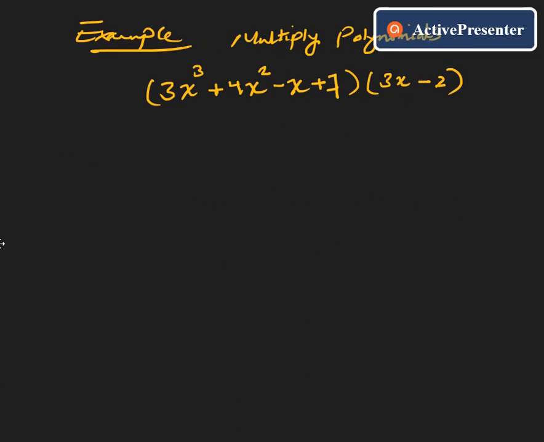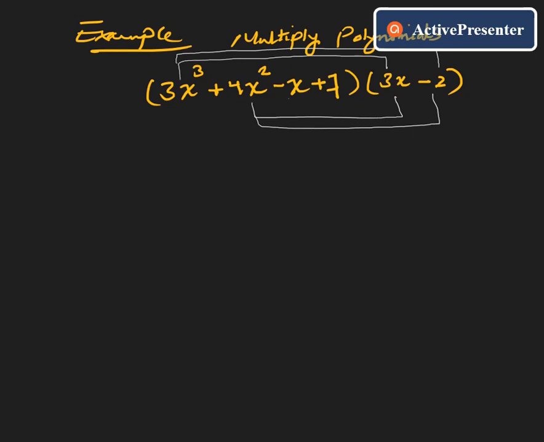Another question comes: 3x squared, this polynomial, plus 4x squared minus x plus 7 multiplied by 3x minus 2. How to do that? We first multiply 3x cubed by 3x, and 3x cubed also by minus 2. Also we multiply 4x squared by 3x, and 4x squared by minus 2.